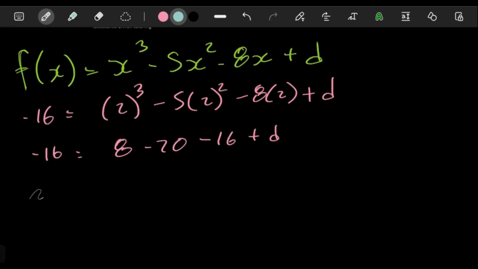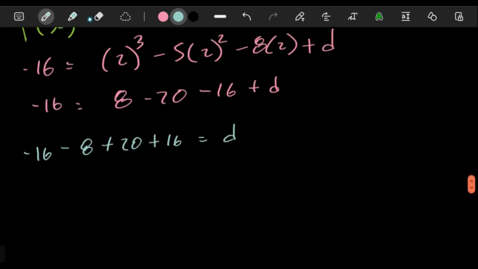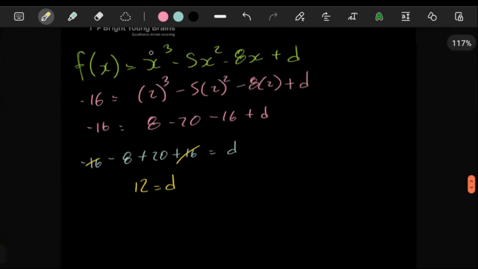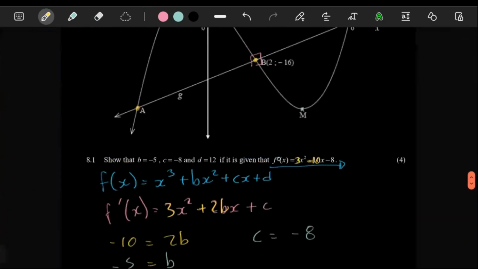If you move everything to one side, it's going to be negative 16 minus 8 plus 20 plus 16 equals d. Here, this is going to cancel this. And then 20 minus 8 is 12. Yes, so now we have found out that d is 12. So everything links up, you see.